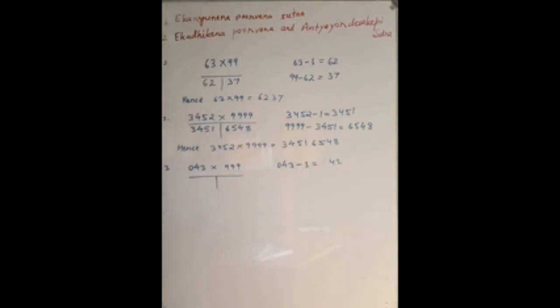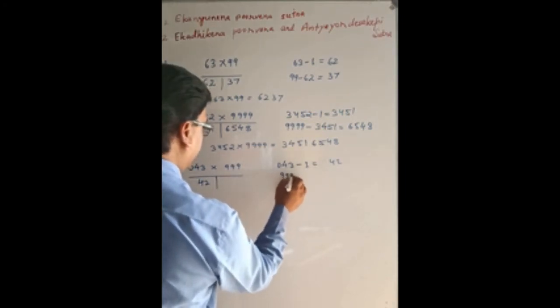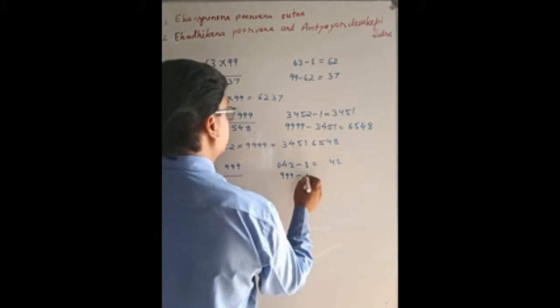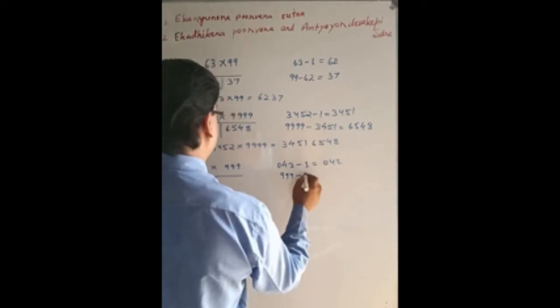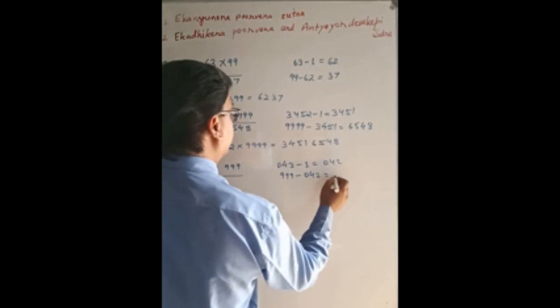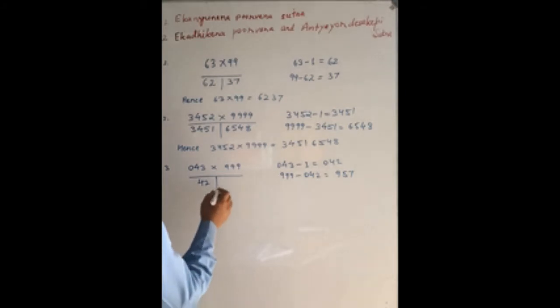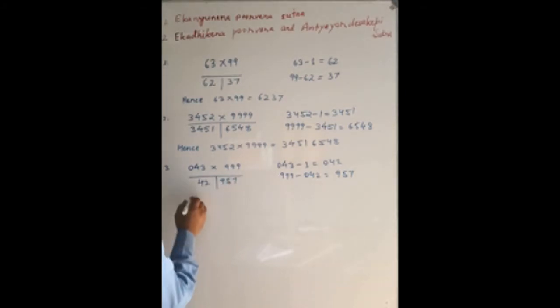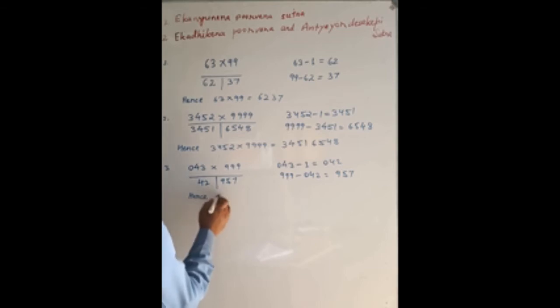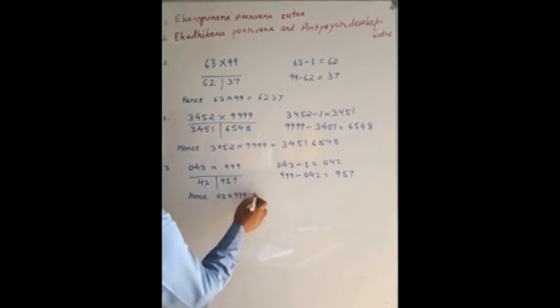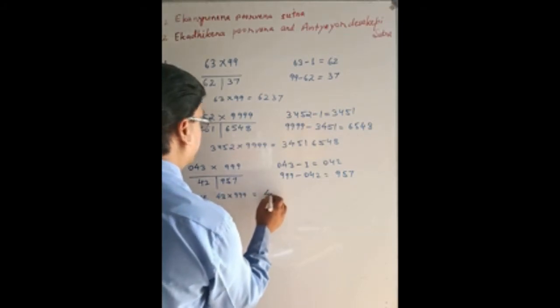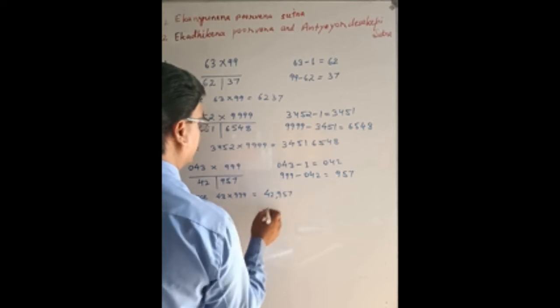The 0 is meaningless. Now 999 minus 042, we get 957. This is the right side. Hence 43 multiplied by 999, we get the answer 42,957.